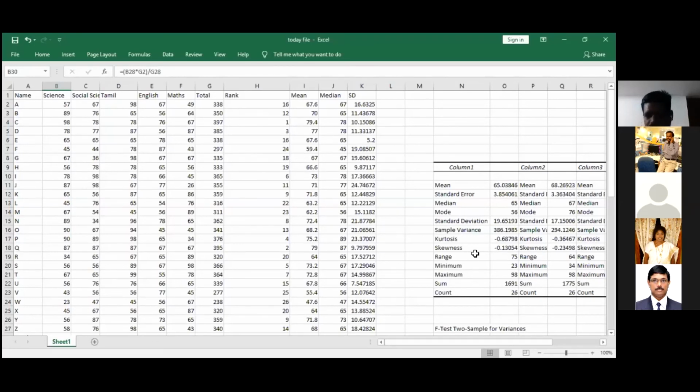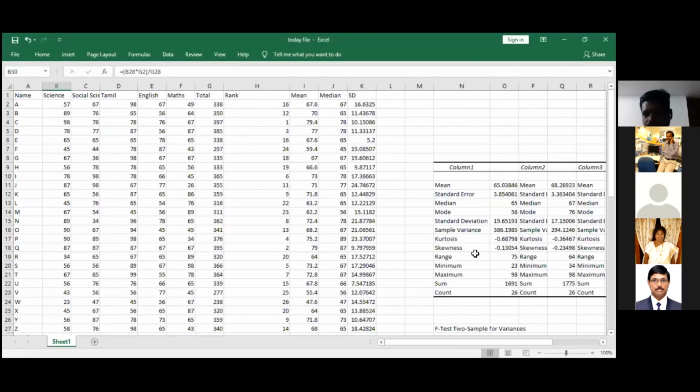What is the reason for the mean value increase? It may be the student's interest to learn that subject, or the teacher insisting on that subject, or whatever it may be. Some reason is behind it, and the researcher, with the help of statistical data, finds the reasons why students score more marks.